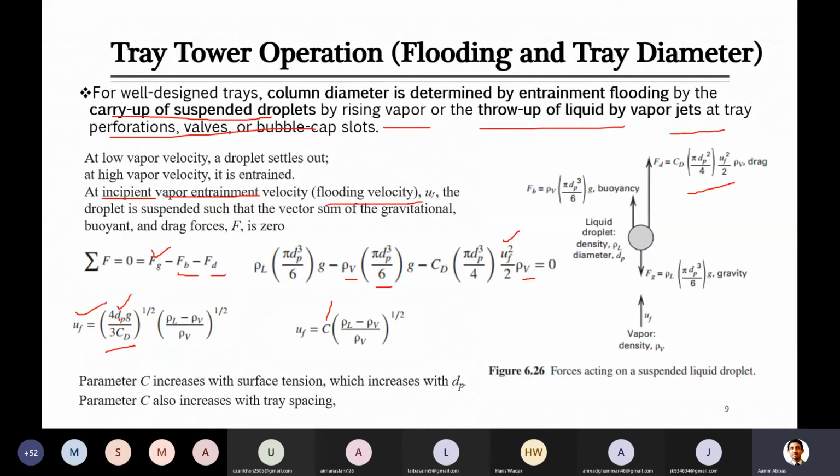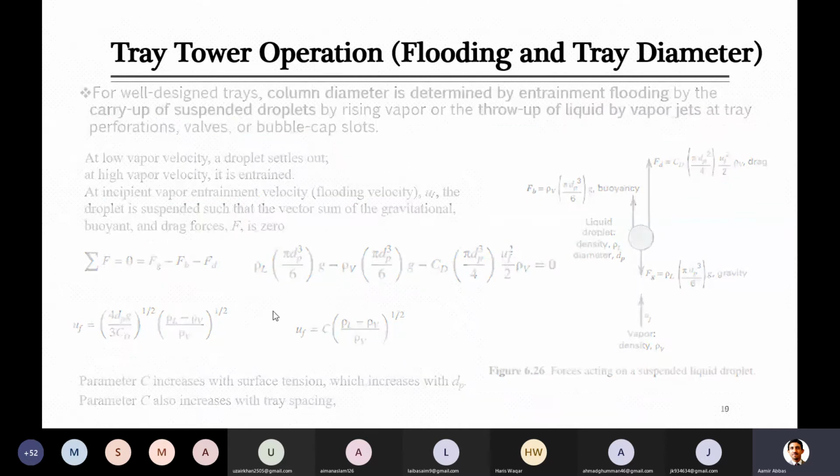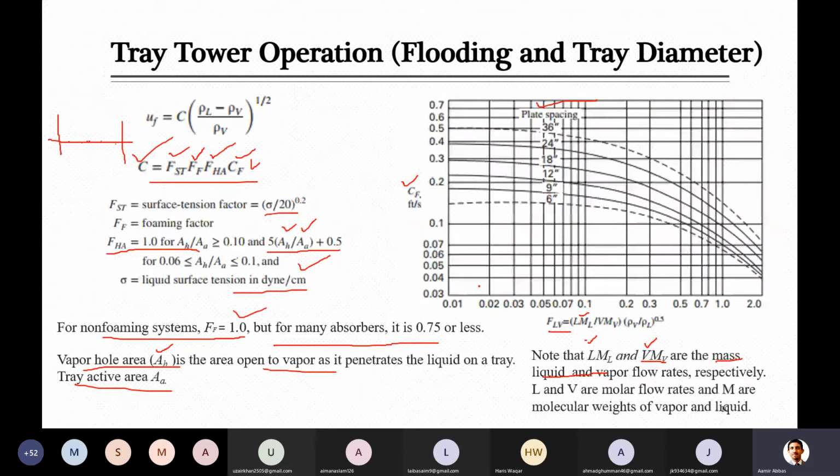If the tray spacing is more, there is a chance that small droplets start joining with each other and make a drop of large diameter. So when the diameter is large, this C factor will be large as well. When the diameter is sufficiently large, gravity can become dominant and the particle can drop down.